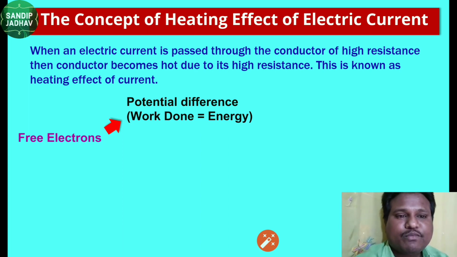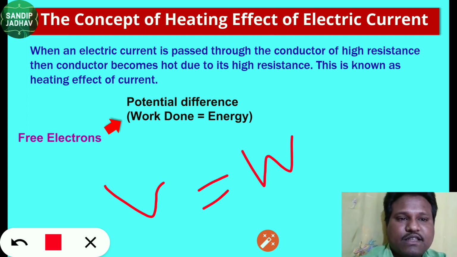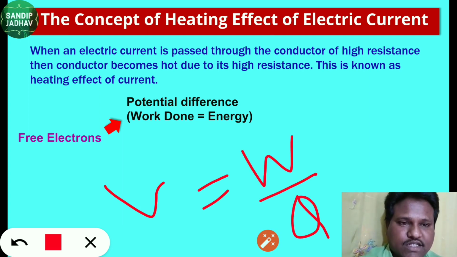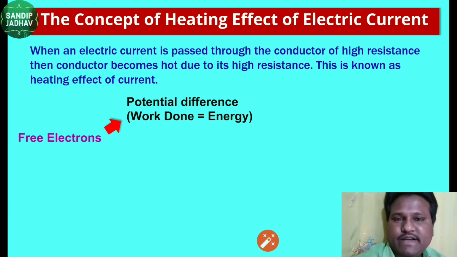In the definition of potential difference, we have seen that it is nothing but work done per unit charge. You also know from 9th standard that any kind of work done is nothing but energy. So the free electrons will be attracted toward the positive terminal only due to the potential difference, and we create a potential difference by keeping a battery or a cell.